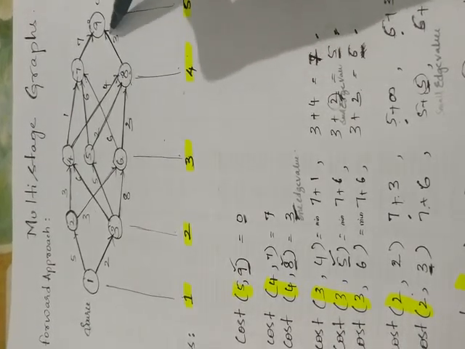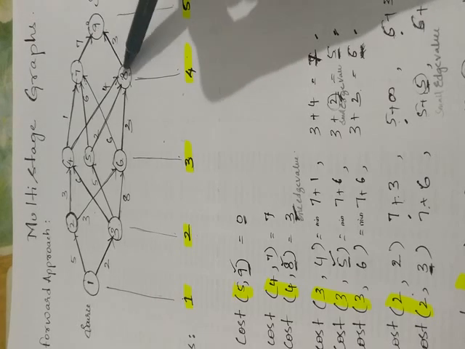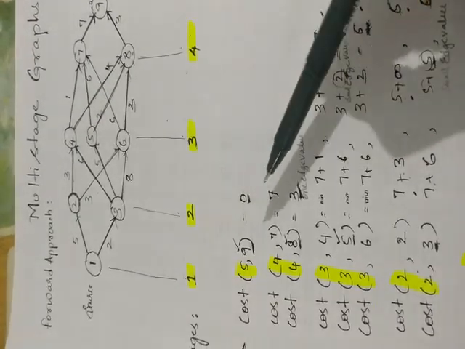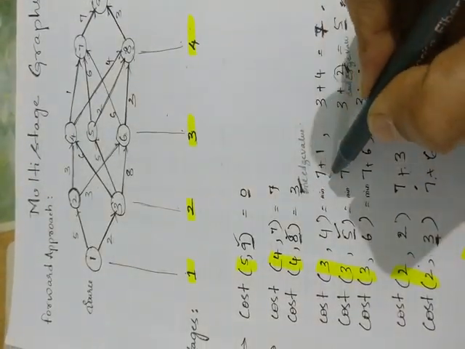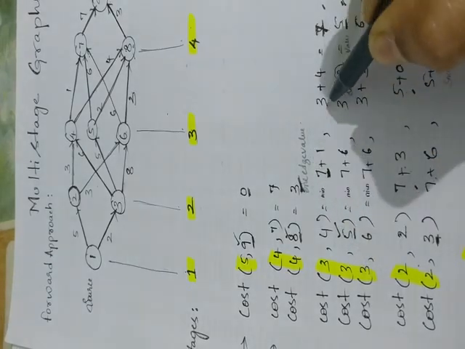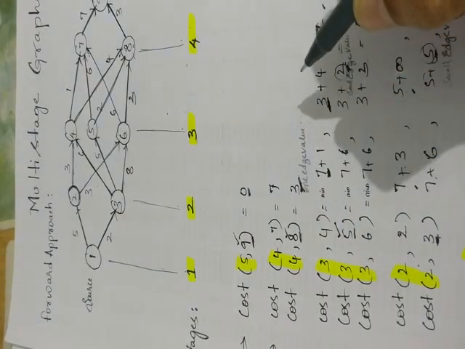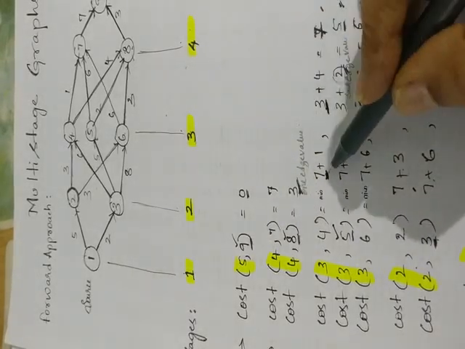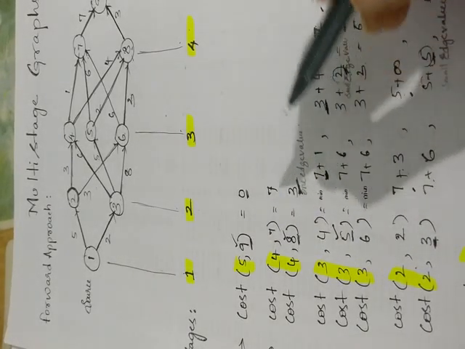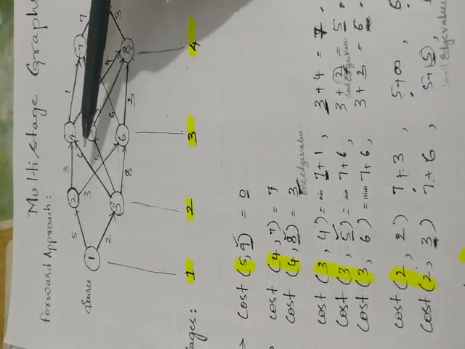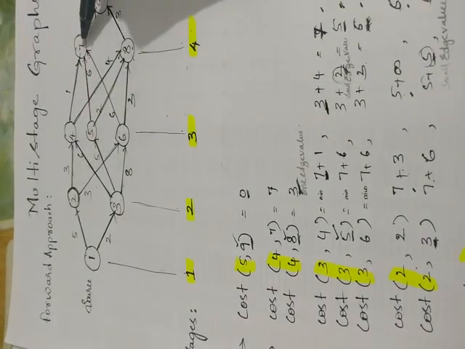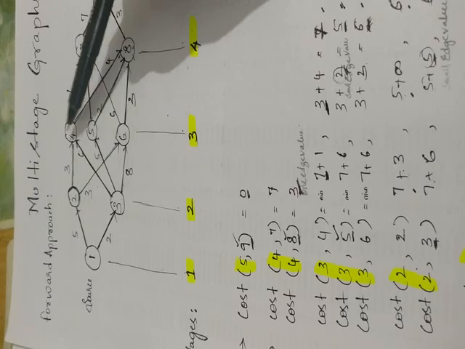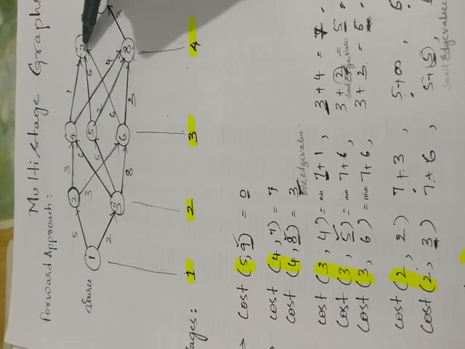So I will write down these two values in advance, 7 and 3. This is a fixed value. From stage 3, 4th vertex, to reach 7 it is 1, to reach 8 it is 4.